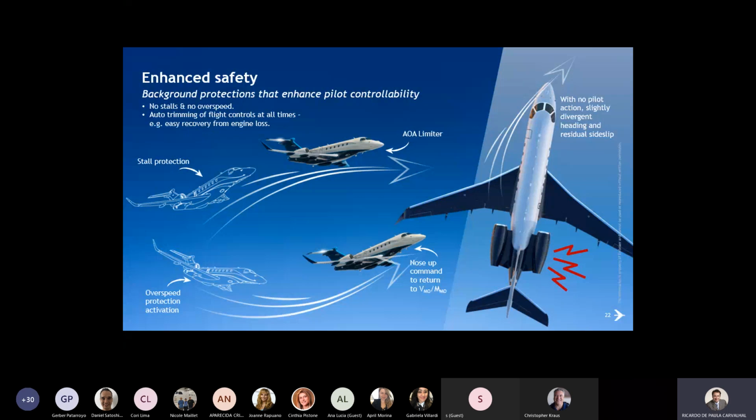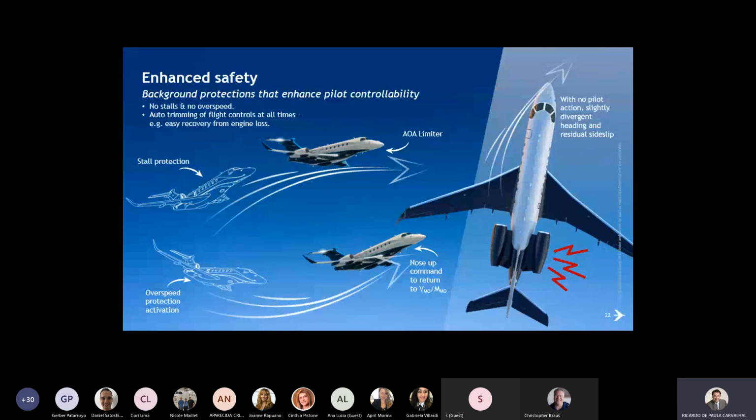If my speed is too low on the other side, and I'm almost totally losing lift in the airplane, which we call stall, the system will take over and increase that speed by putting the nose down.